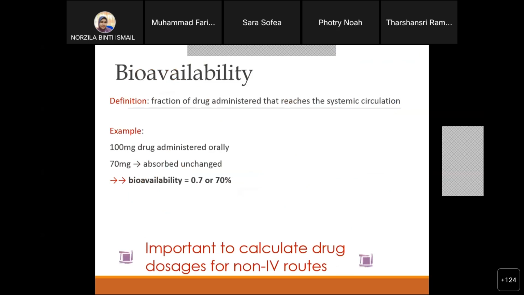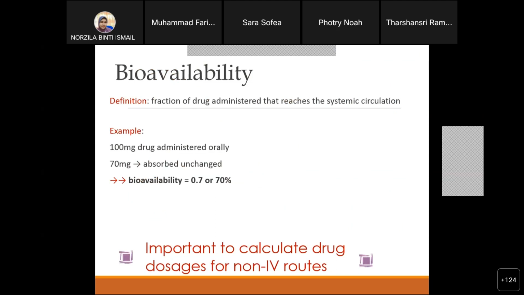All right. So the most important thing in absorption is the bioavailability. Okay, it depends on the mode of drug administration, right? So bioavailability is the fraction of drug administered that reaches the systemic circulation. It means the unchanged drug that reaches the systemic circulation. For example, we can calculate the bioavailability from values that are given to us, or we can plot a graph. This is the first method where we have the value.